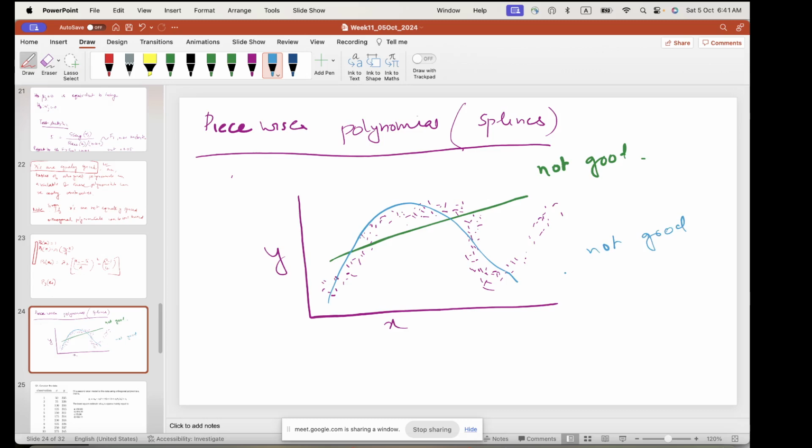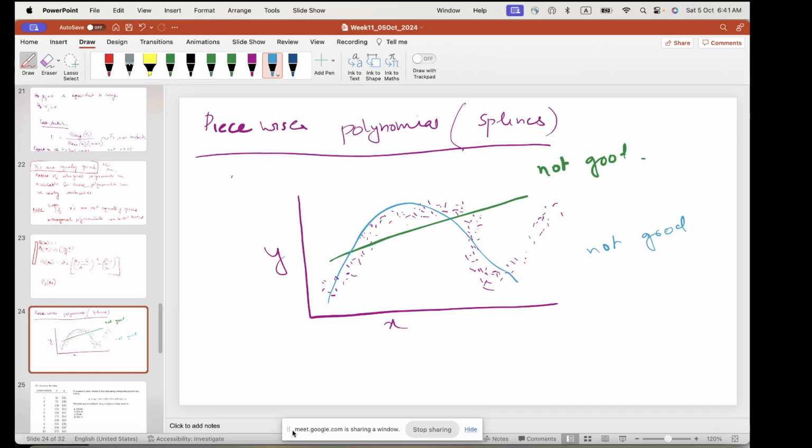Alright, so instead of fitting an overall polynomial, if we can identify shorter segments and fit different polynomials to those shorter segments of the data, then what essentially we are doing is fitting piecewise polynomials.